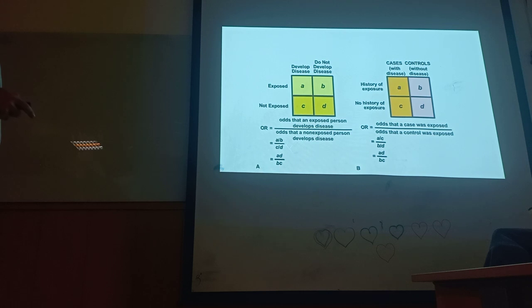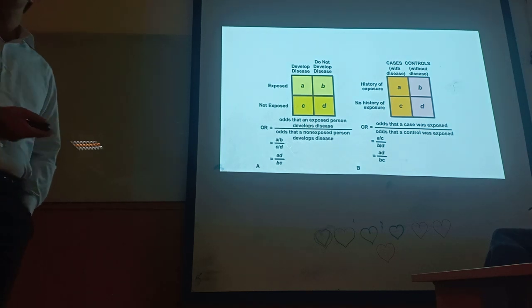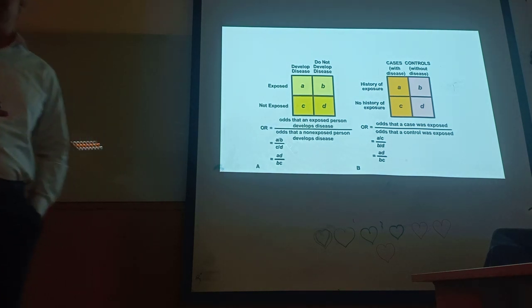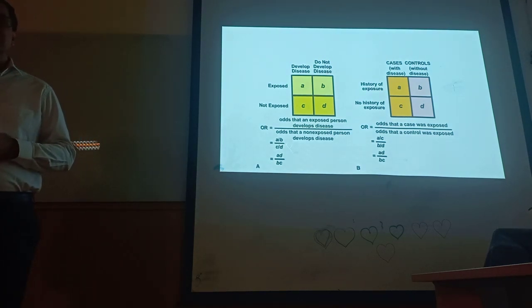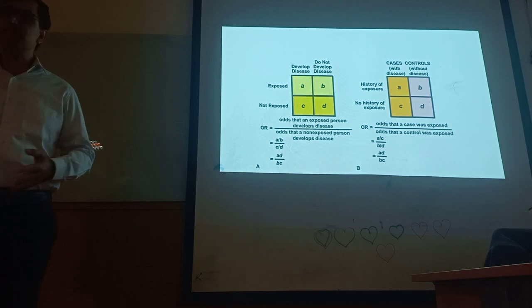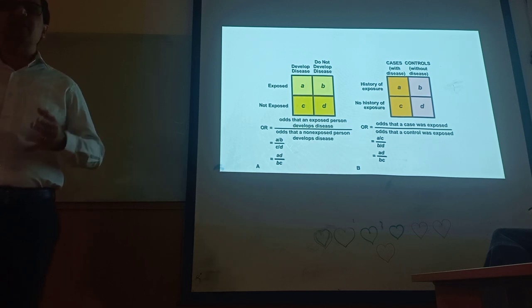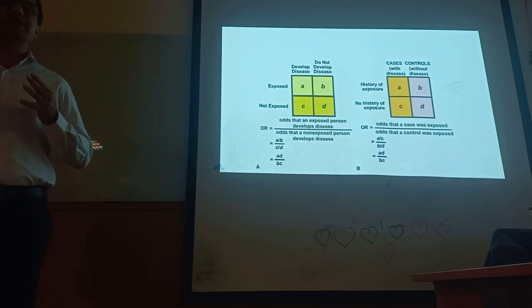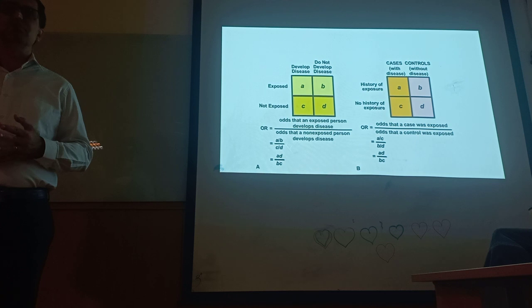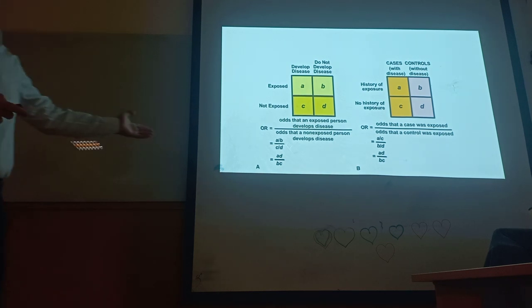So if you find A, you can multiply it by D and divide it by multiplication of B and C, and you can simply calculate odds ratio. Why do we calculate odds ratio? Because in case control studies, we cannot calculate risk. So we cannot calculate risk ratio. So we have to calculate odds ratio.